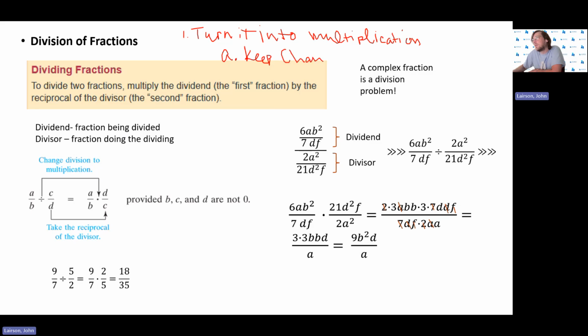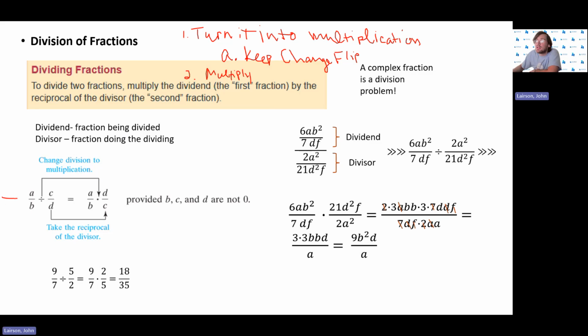I'll explain that in a second. Once we turn it into multiplication by keep, change, flip, we multiply like normal. We just went over multiplication: straight across the top, straight across the bottom.